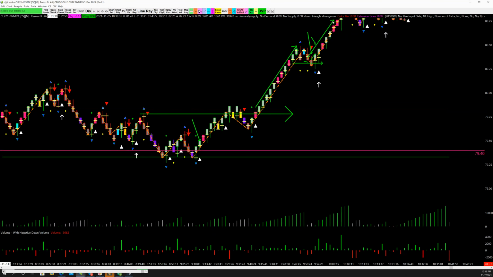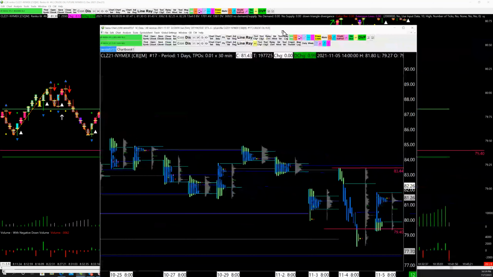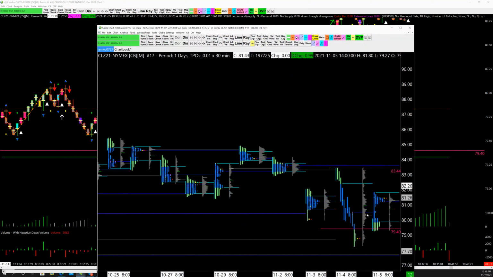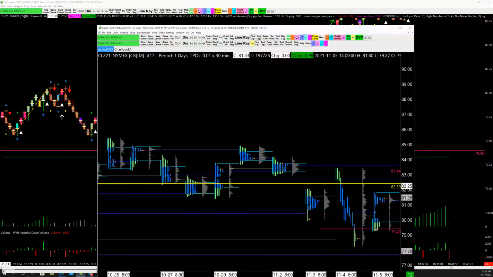Now, what's the last piece I'm going to put in there? Very simple. I would like to sweep through this whole value area. If I sweep through the value area, there are two things I want to do. I want to get all the way up to 82.39 if I can. That sets up a huge potential from 79.40 to 82.52.